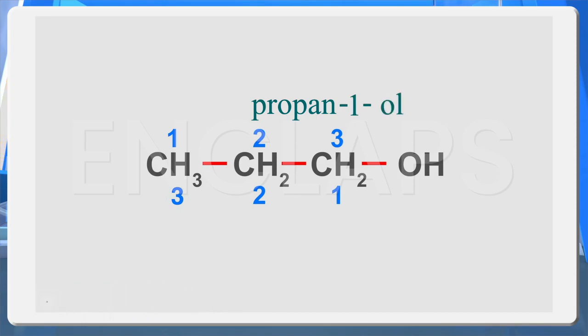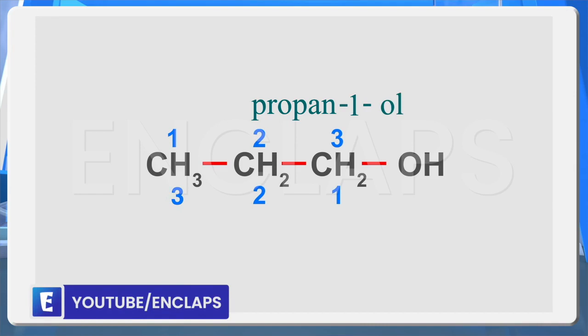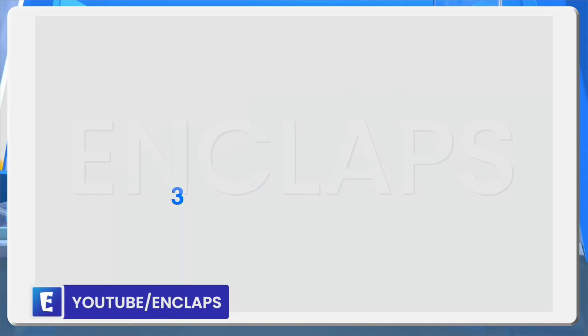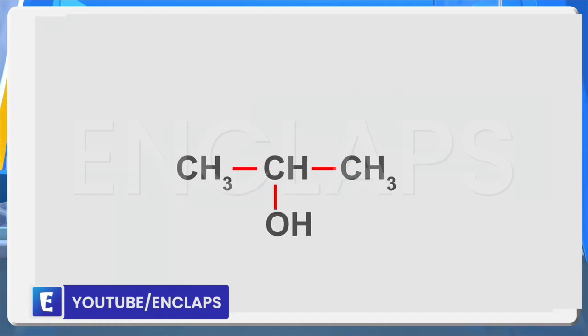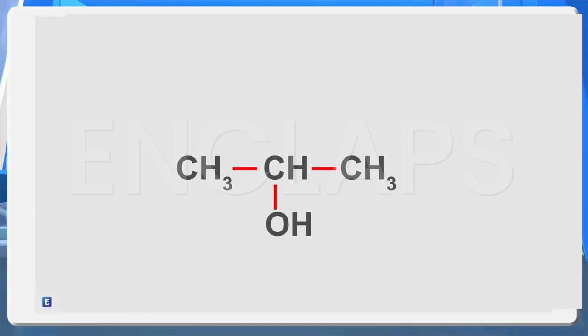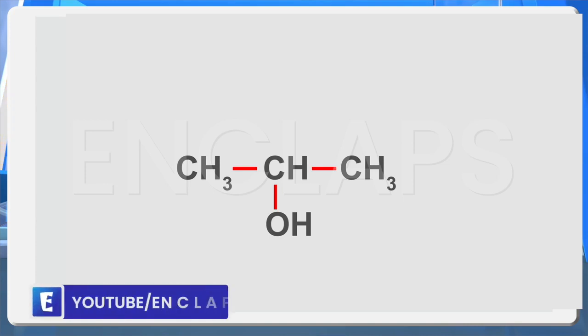So, what is the name of that alcohol? Propan-1-ol. In the second compound, the OH group is attached to the second carbon atom. So, what is the name of that alcohol? Here also, the main chain contains 3 carbon atoms. So, the word root is prop, the corresponding alkane is propane, and we have to replace E with ol.